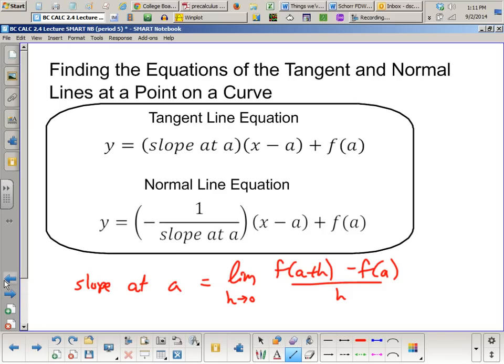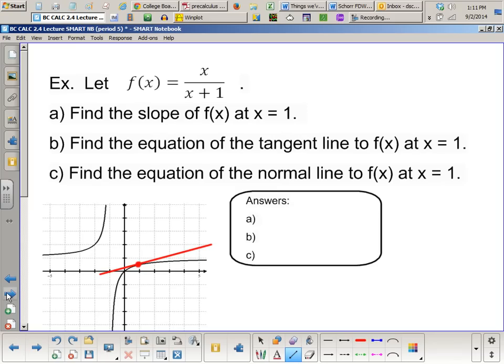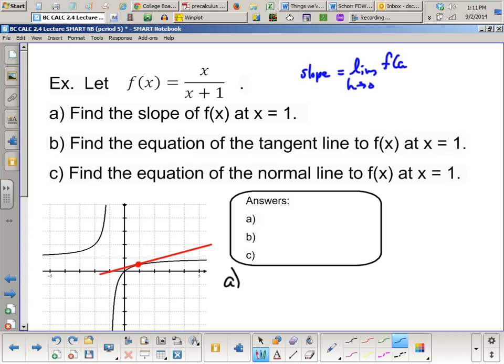So we're going to take them very literally, especially that one in red there. So we have to find, for part A, the slope of this line at 1. So what you have to understand is, in that formula, the slope, remember, is the limit of f of a plus h minus f of a. What exactly is a?